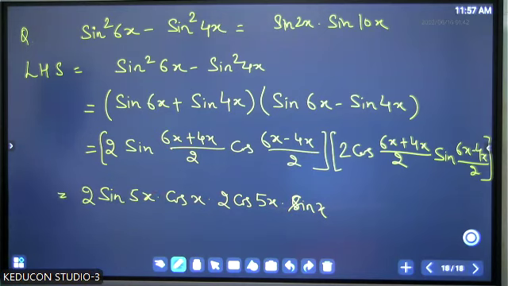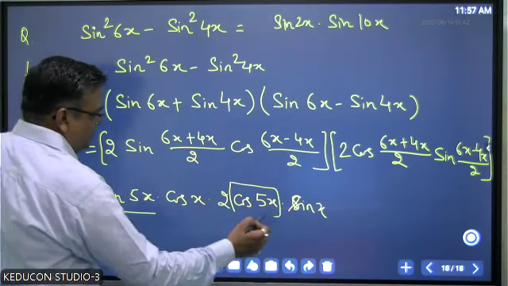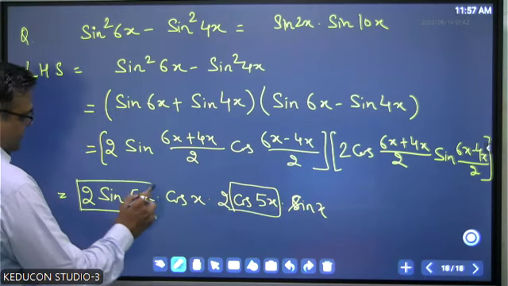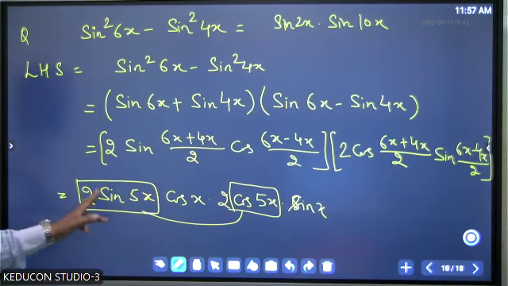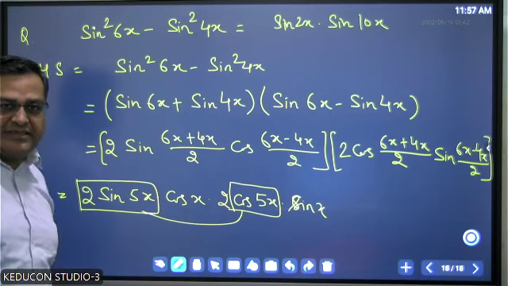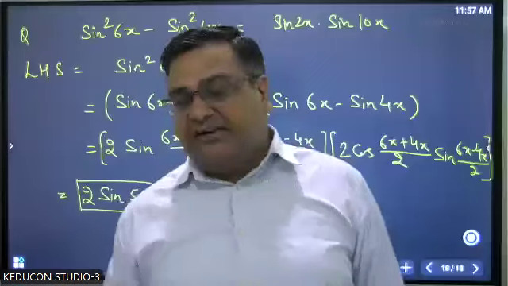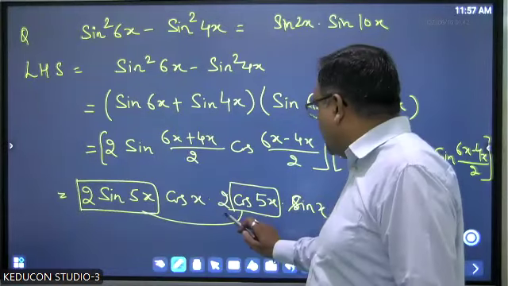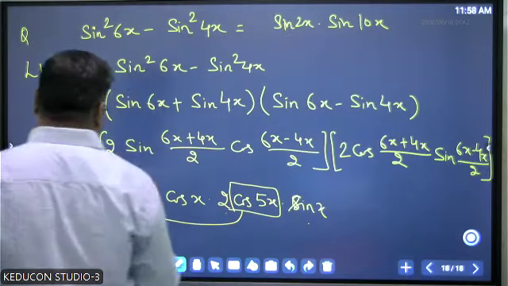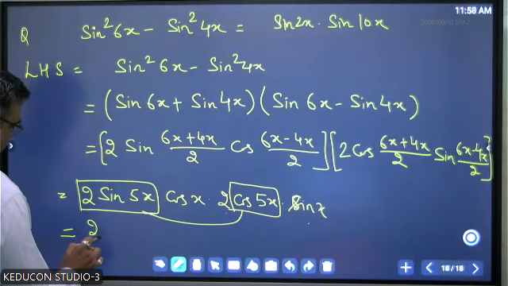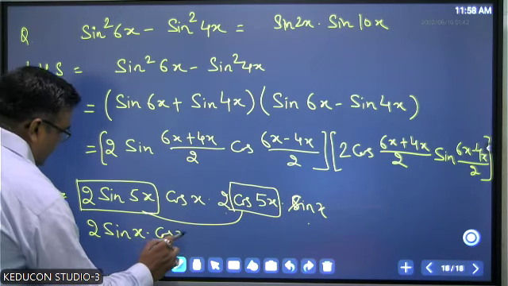Now what you will do, you will rearrange this, write these two terms together, 2 sin 5x cos 5x. So we have done a formula for sin 2x. What was that? 2 sin x cos x, right? Similarly, we can write this as 2 sin x, grouping these two separately.